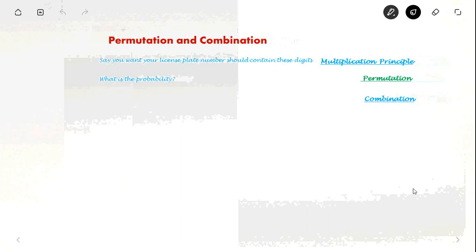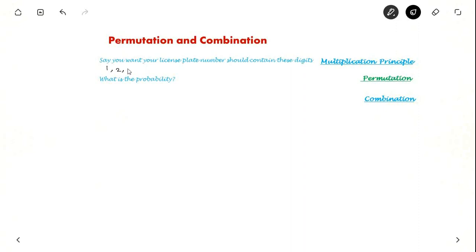And suppose you want your license plate to contain these digits, and it can be in any order. The first number can be 2, or 3, or 4, or anything. So if you see the total number of outcomes possible here, there are 10 digits. If one digit is used here, you are left with 9 digits. So it will be 10 into 9.